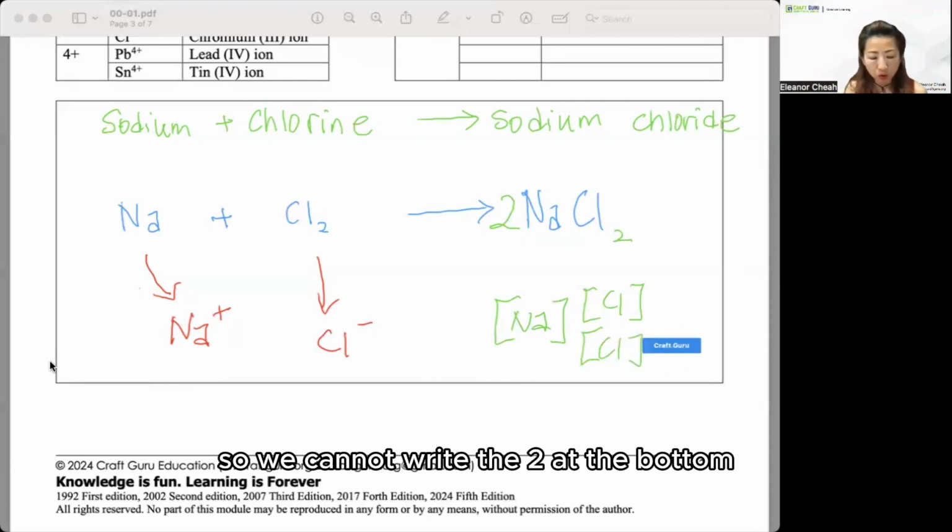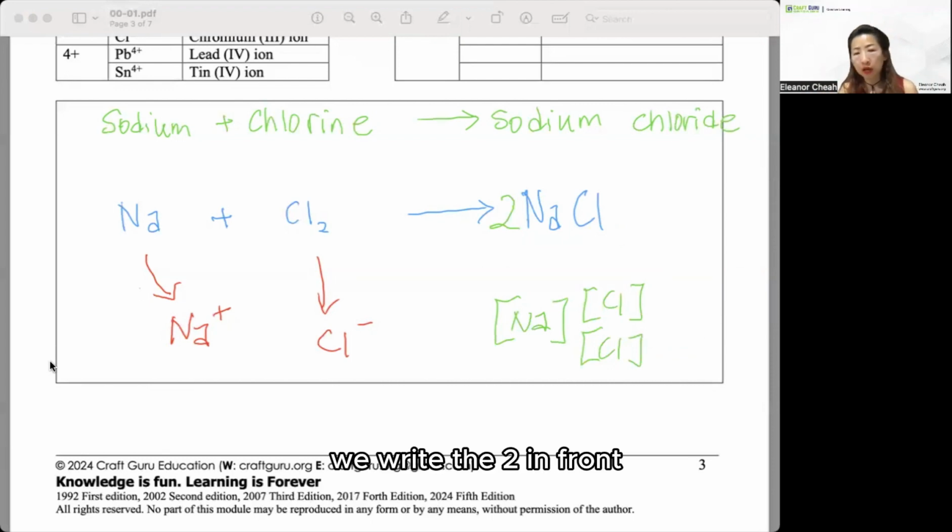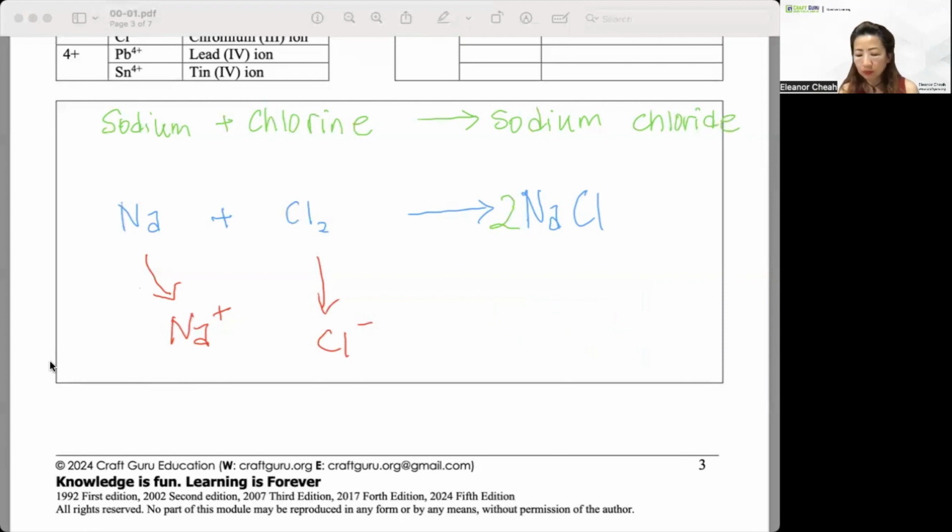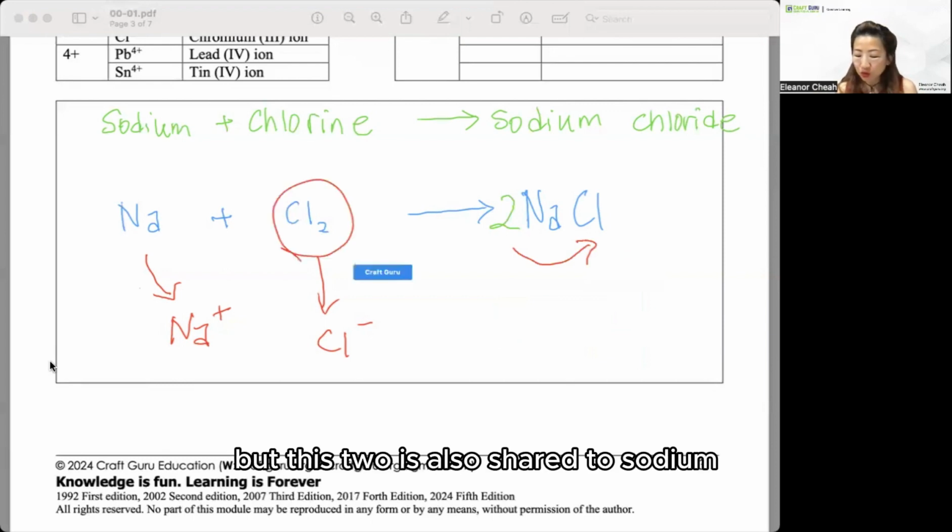So we cannot write the 2 at the bottom. We write the 2 in front. Let's check. 2 chlorine, balanced. But this 2 is also shared with sodium.